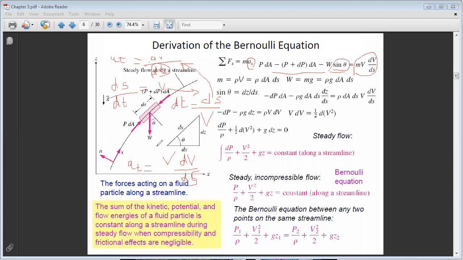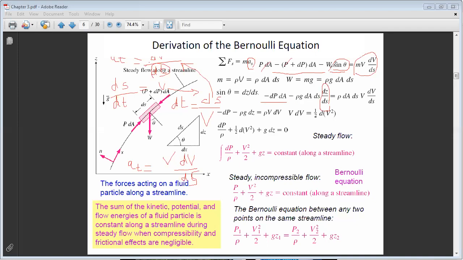So I can replace in my relation here sine theta by dz over ds. And of course here I have plus P dA minus P dA, which will cancel out. So I will end up with the following, minus dP dA.